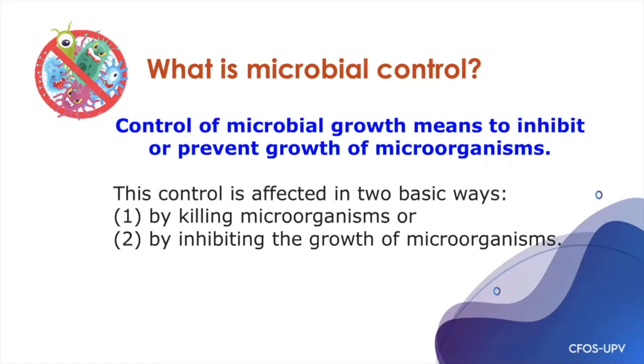If you kill directly, they die. But if you inhibit or slow down the growth, the existing microorganisms may remain alive but will no longer increase in number, though eventually the pre-existing ones may also die. That's the difference between killing and inhibiting growth.